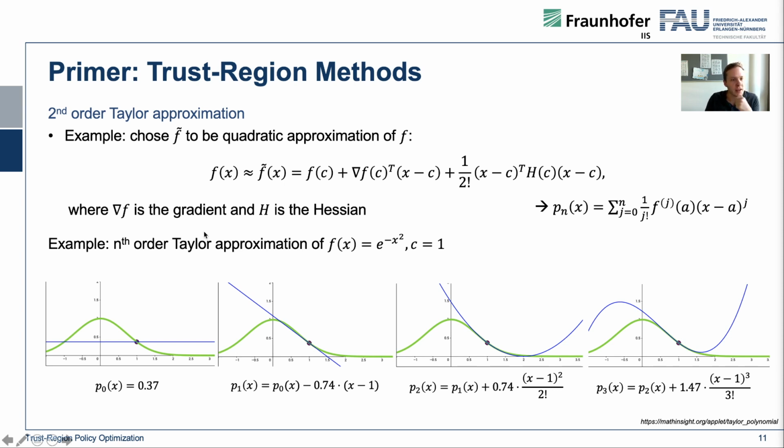If you just consider the second-order Taylor approximation, you see that the local approximation is a very decent estimate of your objective function f, which is not visible to you. However, it's much easier to optimize the blue function instead of the green function, and at least locally it approximates it well in practice.